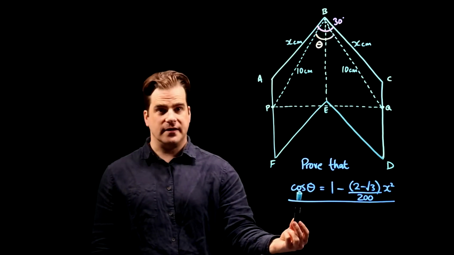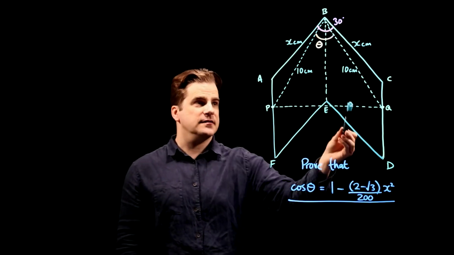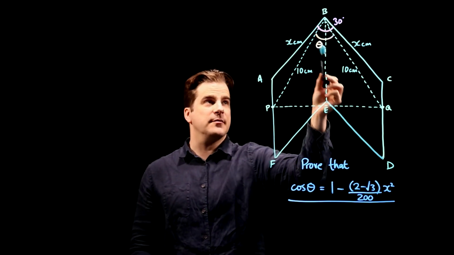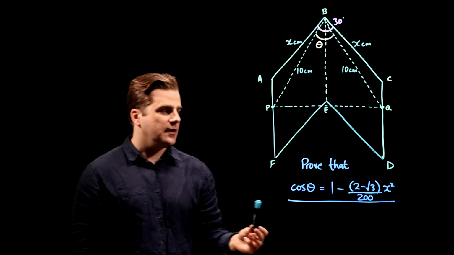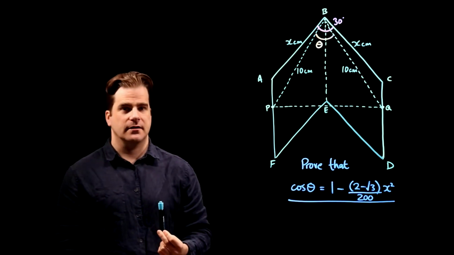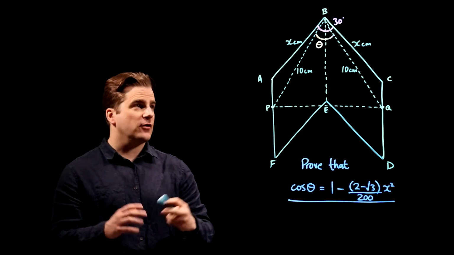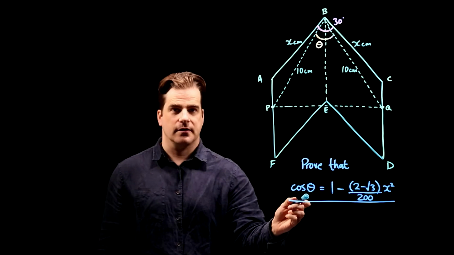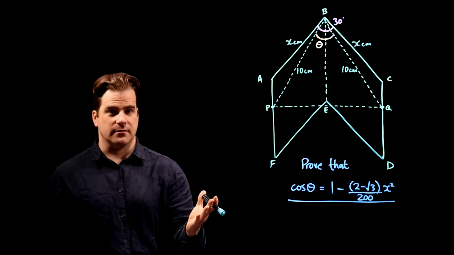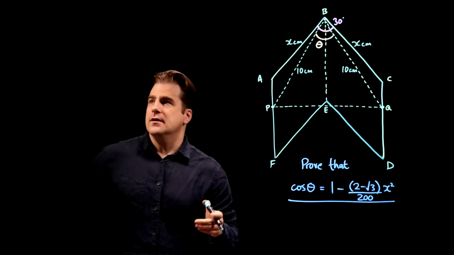It's got a cos theta in it. So we're dealing with triangles. We know two sides for both of them and the angle in between them, and we want an expression that involves cos theta. So what equation do you know involving triangles and cos theta? It's the cosine rule, isn't it? So let's start by writing that down.